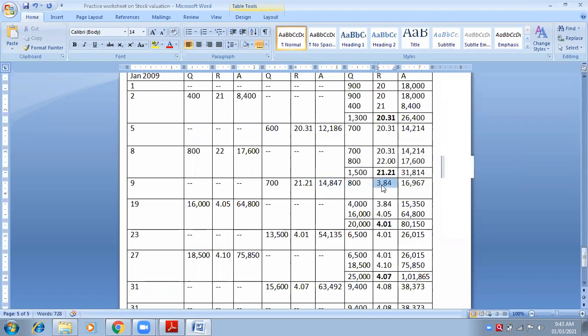You will find the rate will match with the weighted average rate. What is the rate? 21.21. Very good. Because it matches with the above rate, which is the weighted average rate, it means we are going right.